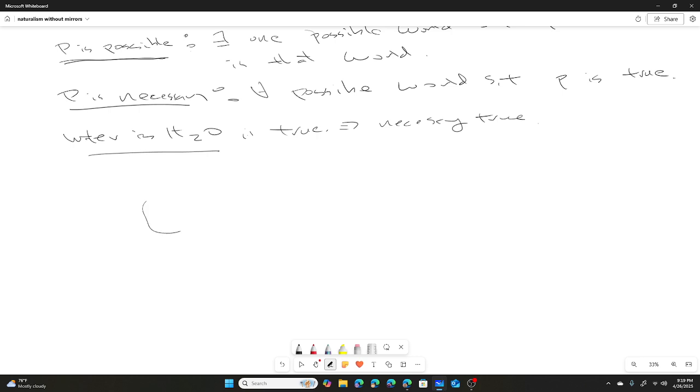Because imagine that there are infinitely many possible worlds. In each of these worlds, there is this proposition P: water is H2O. In all of these worlds, water is going to be identical to H2O.